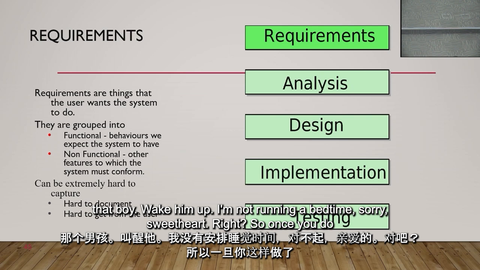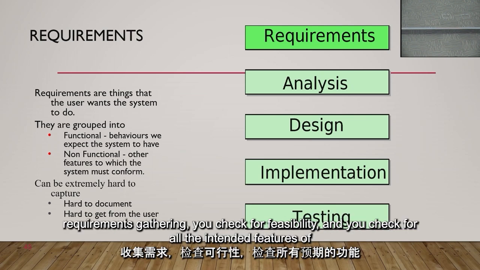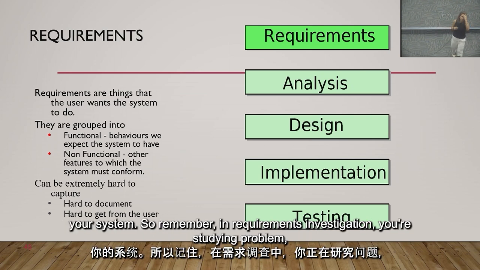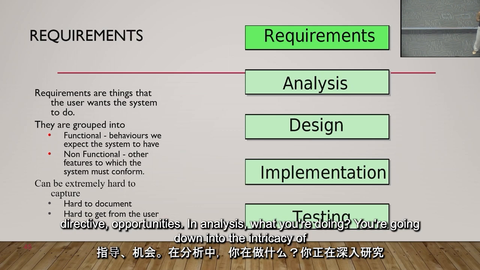Right? So once you do requirements gathering, you check for feasibility and you check for all the intended features of your system. So remember, in requirements investigation, you're studying problem, directive, opportunities. In analysis, what you're doing?